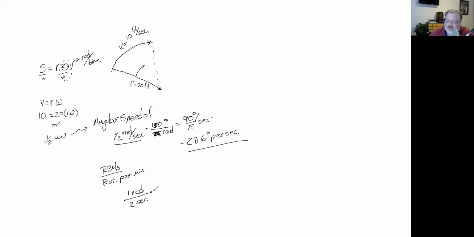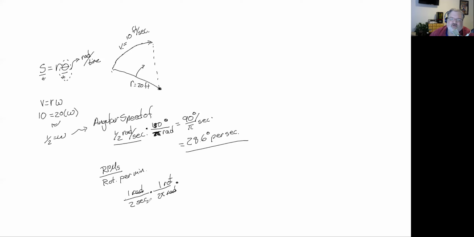So just like we did with the degrees, we want to get rid of radians and put in rotations. Just like knowing that 180 degrees and pi radians are the same, we'd have to know an equivalency between rotations and radians. And luckily we do. We know 1 rotation is the same as 2 pi radians.